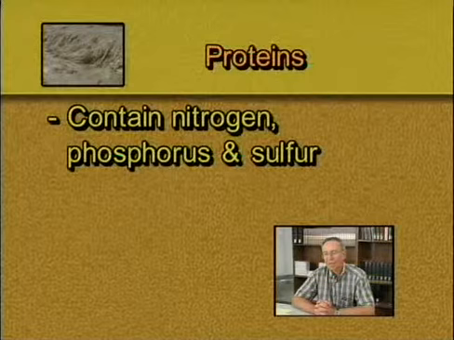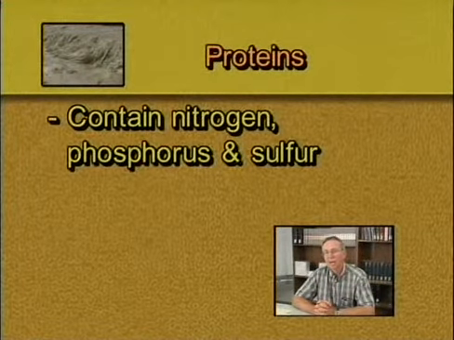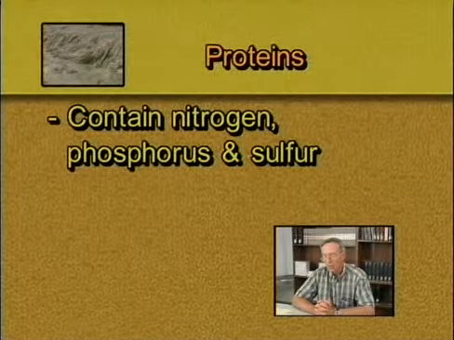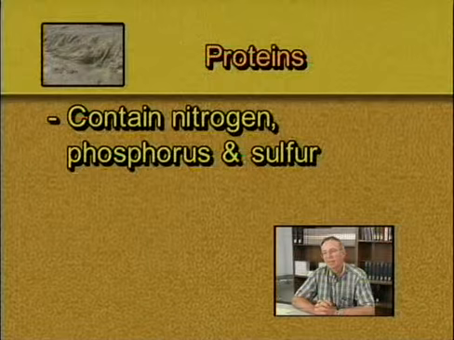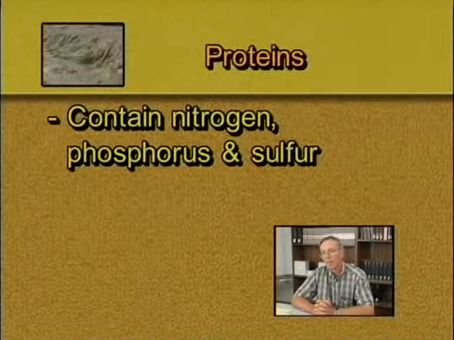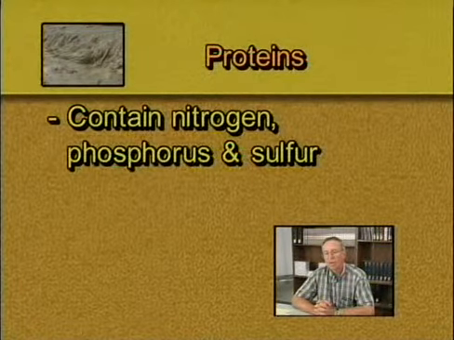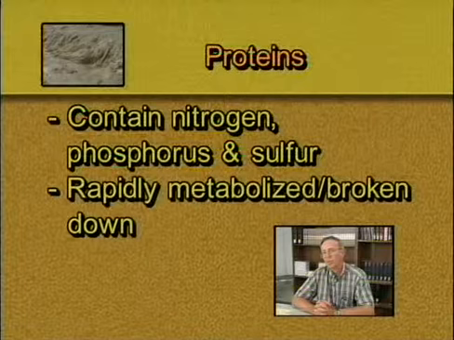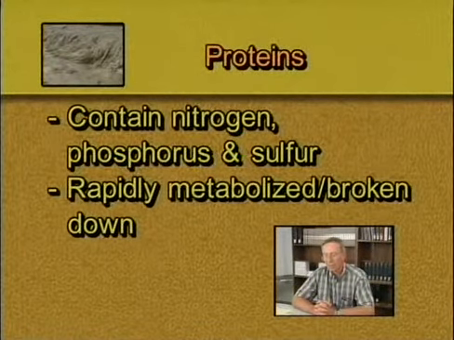Any one of these, or the combination of these, can be limiting to the rate of breakdown of the organic material. So proteins, because they contain these elements, and because they are also not very complex in structure as compared to some of the other compounds we're going to talk about a little bit later, proteins are also quite rapidly metabolized or broken down by the microorganisms in the decay of organic material.